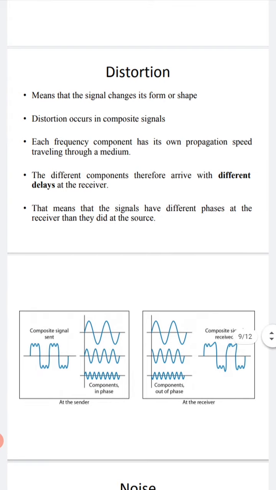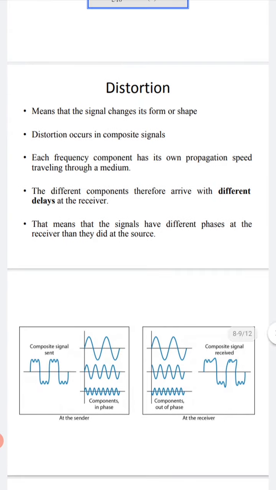Consider this example for distortion at the receiver side. At the sender side, the input signal is a composite signal, sent like this. Then this composite signal is made up of these three components, in phase.